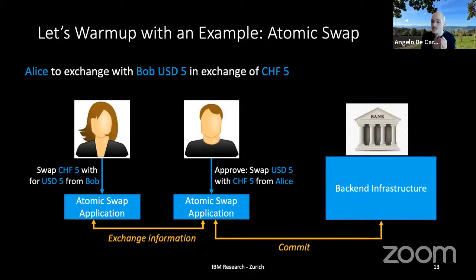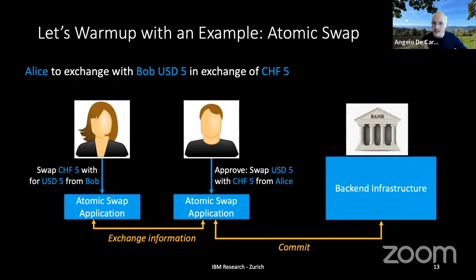Then this object can be sent to the backend for commitment and settlement. So this is just a very high-level business use case that can be converted into calls to the token API.